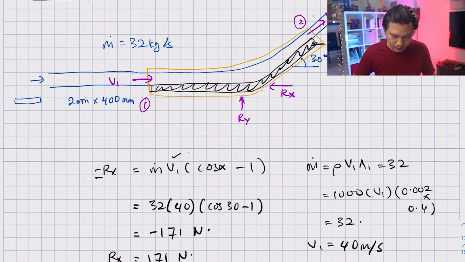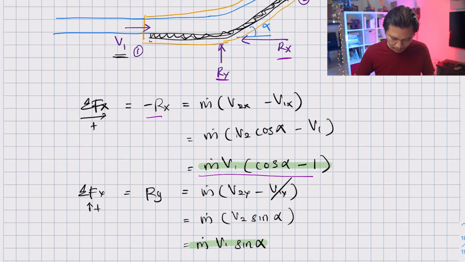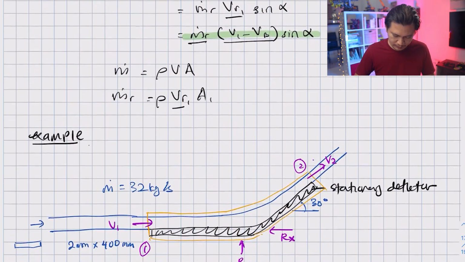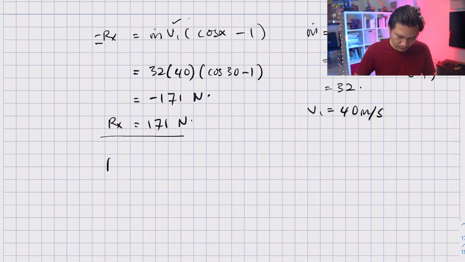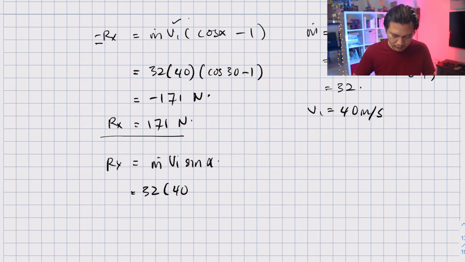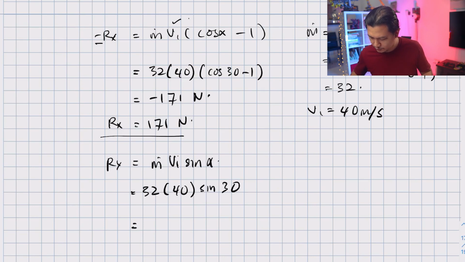But what happens to Ry? I think Ry should equal m dot V1 sine alpha. So Ry is equal to m dot V1 sine alpha, and this is 32 times 40 times sine 30, which is 640 Newton.